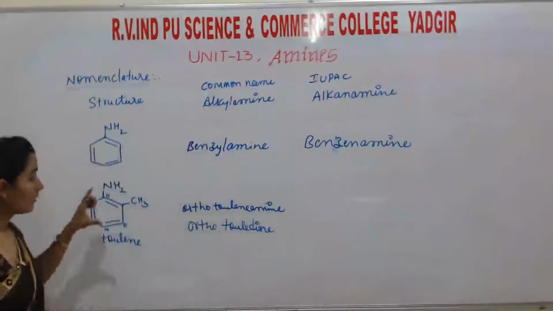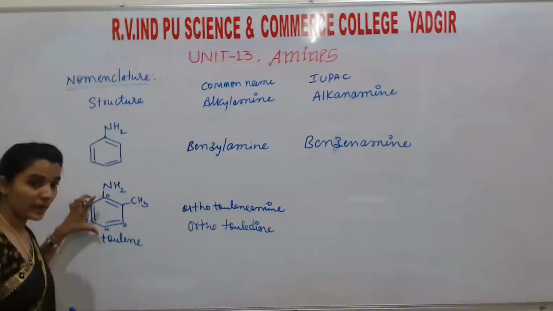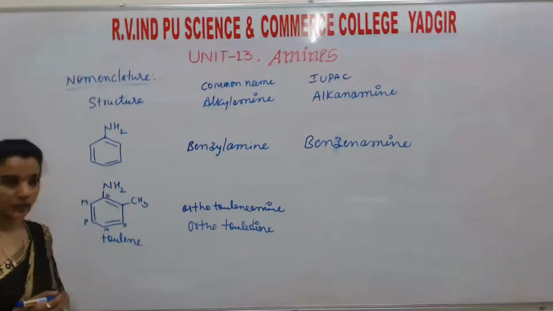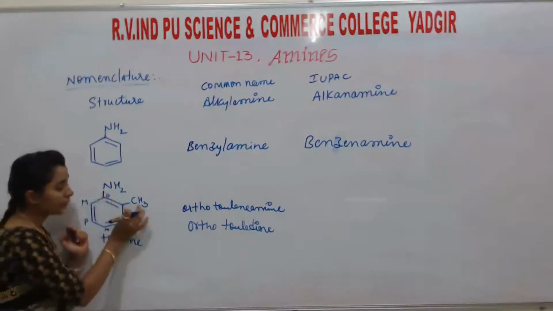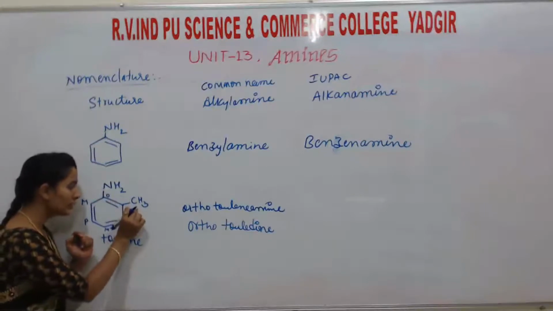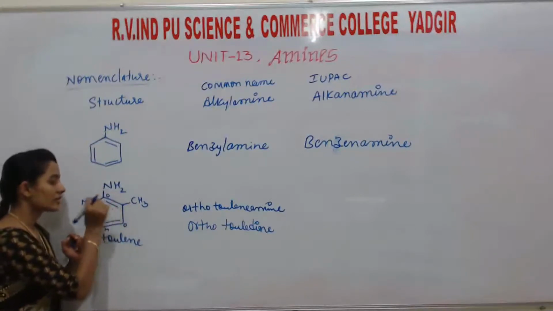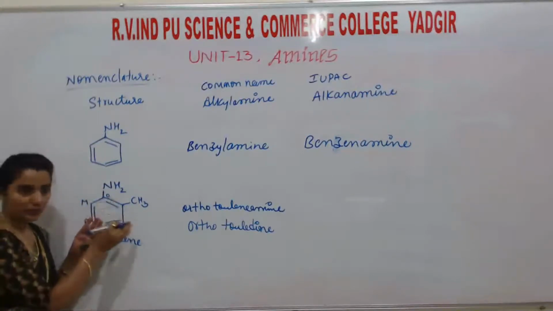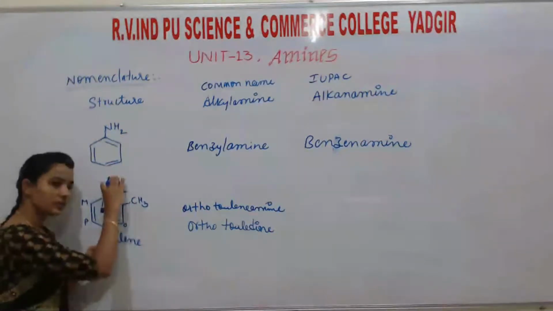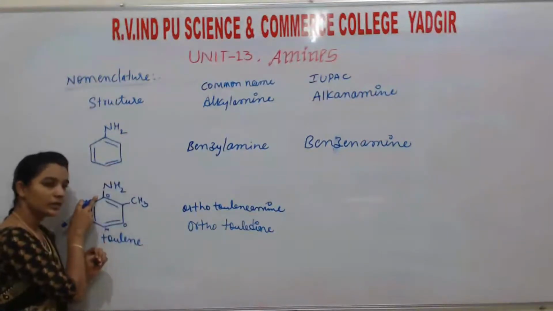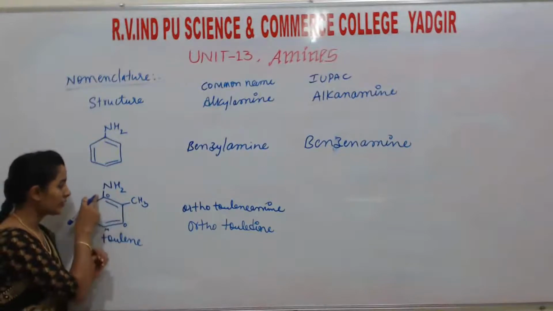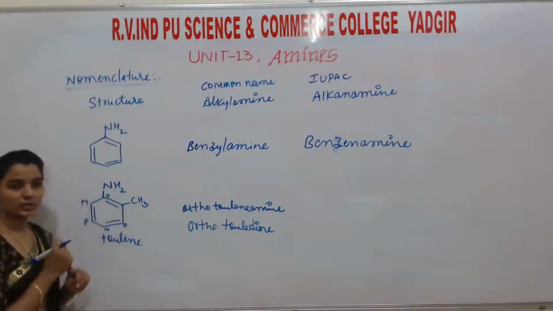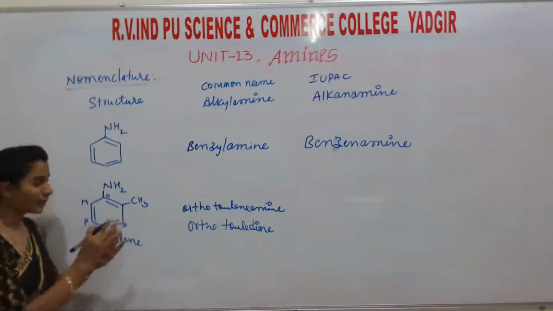Okay, so students, for these the common name is different. Actually, in the IUPAC name of this, this is CH3 and this is NH2, which means a functional group is there. One of these is a substituent, the other is the functional group. Preference should be given here. Then this gets the first position, this gets the second position, and write the two names here.